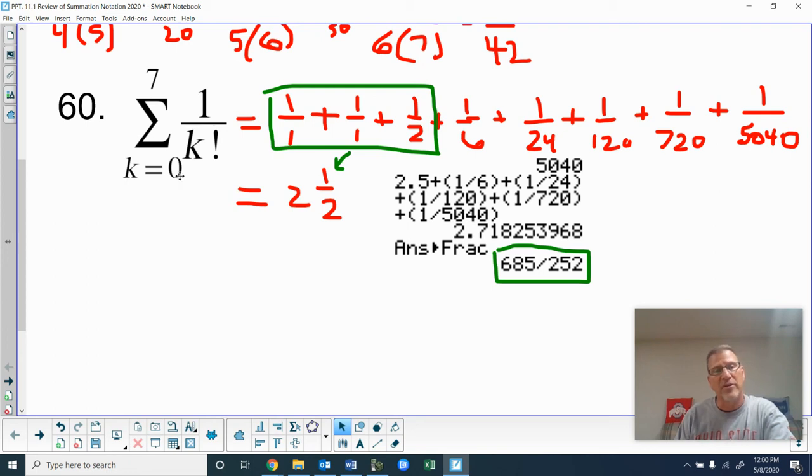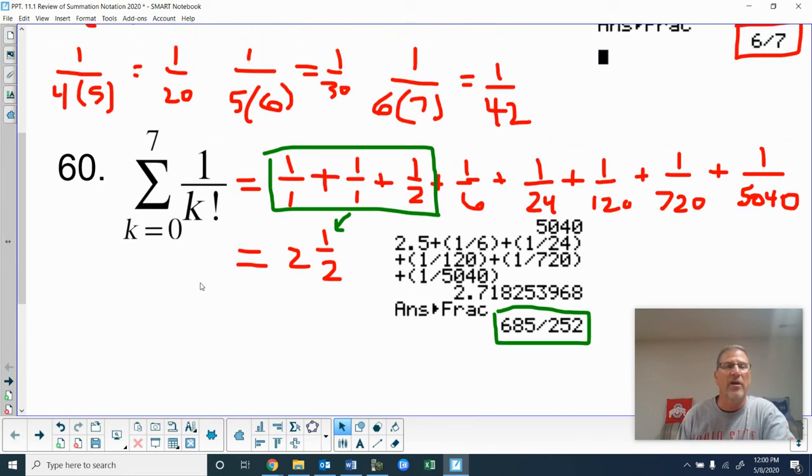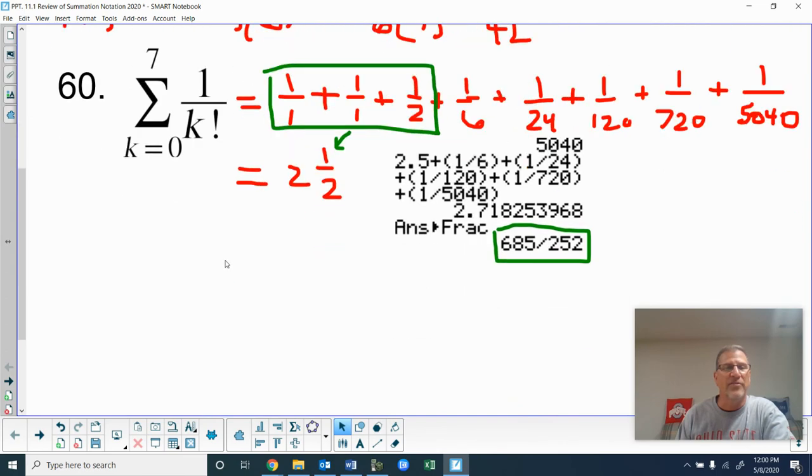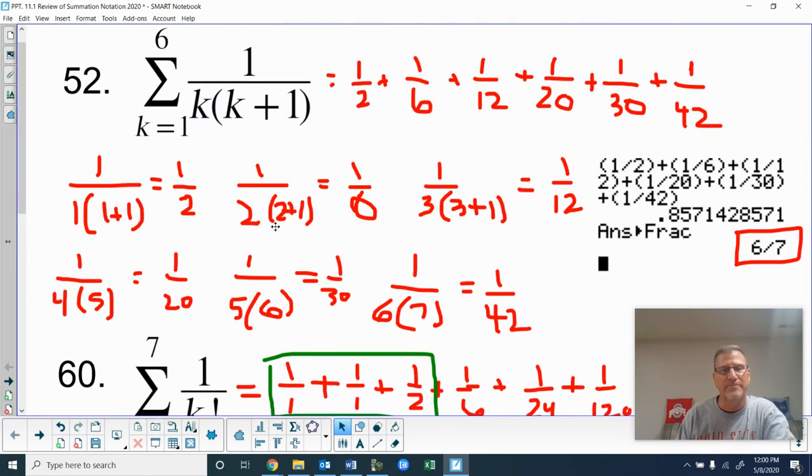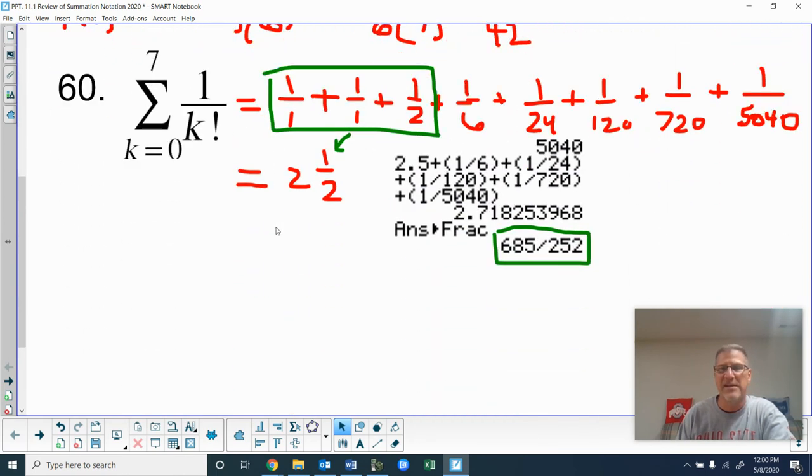So that's where you start, lower limit to your upper limit. You go in order: 0, 1, 2, 3, 4, 5, 6, 7. That made 8 answers you had to find first. And then don't forget to add them up to answer the problem. So that was just a quick review over some of those problems from homework 52 and 60.